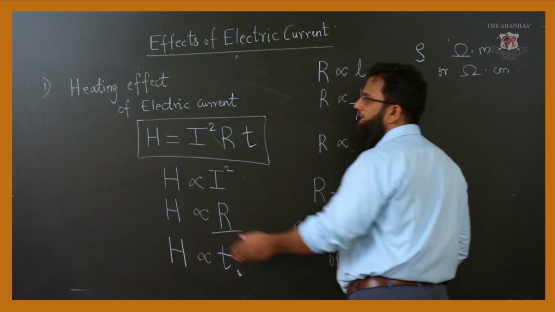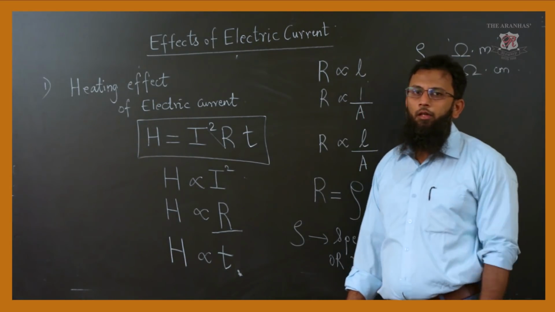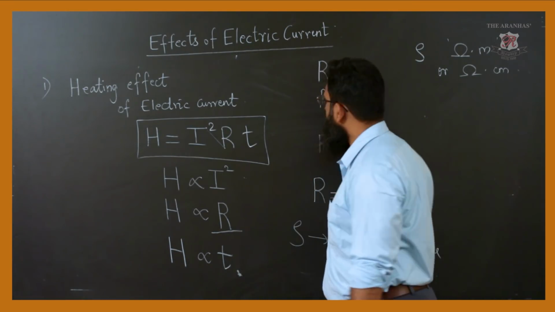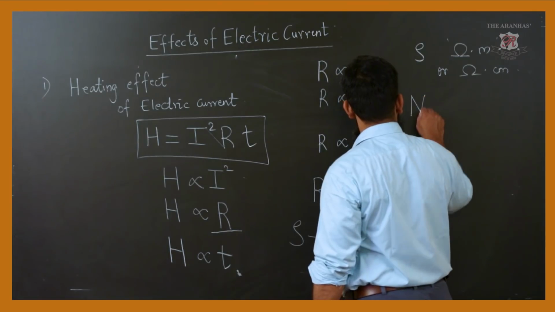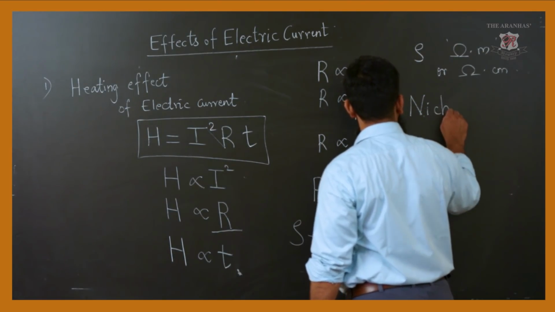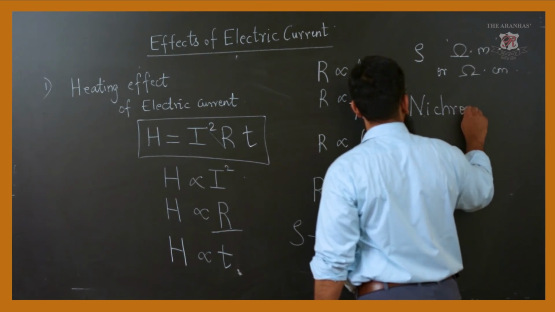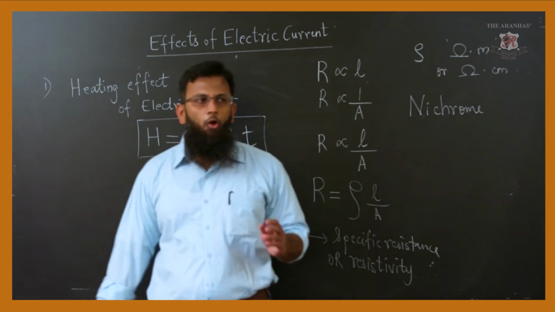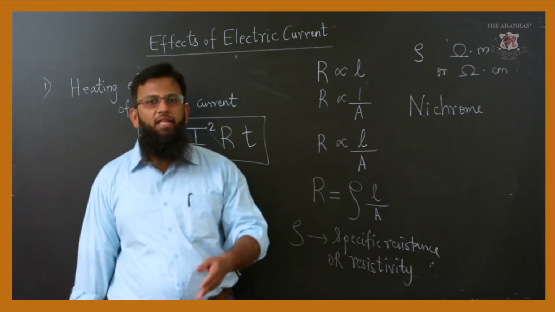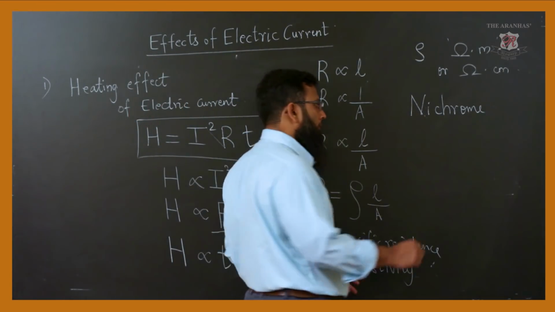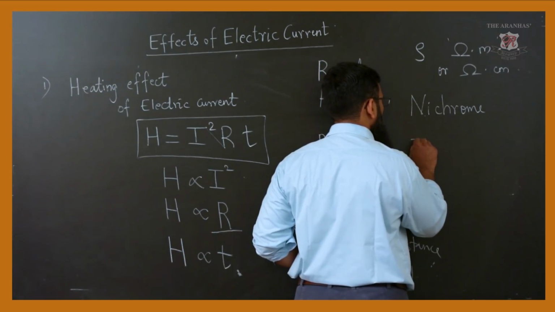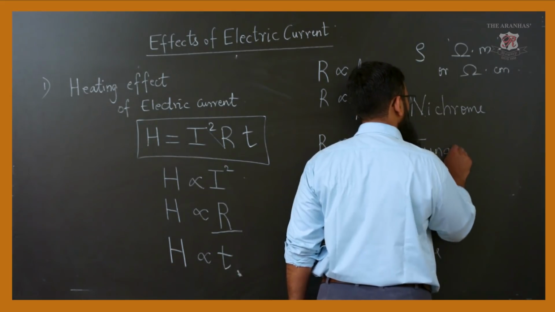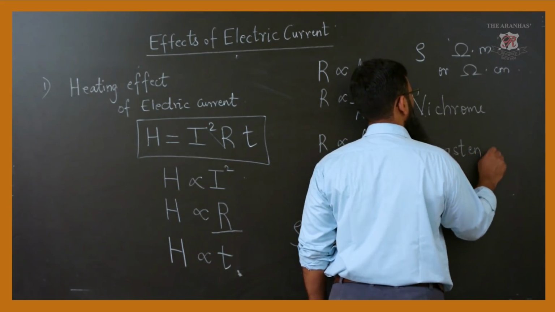So, now question arises, which material is suitable in this case? Some materials I will state here. Nichrome, it is an alloy made from nickel and chromium, and the other one which is most commonly used is tungsten.